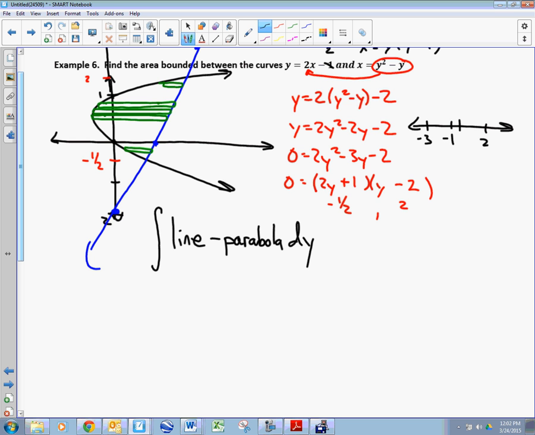You have to do right minus left. So we're going to do dy. If you draw your rectangles horizontally like that, you're doing dy, okay? Then what I have to do is I have to have y values for my bounds. Do I know the y value? -1/2 and +2. Very good.